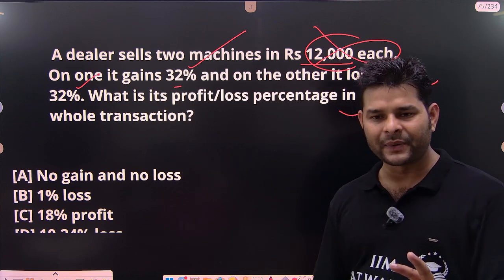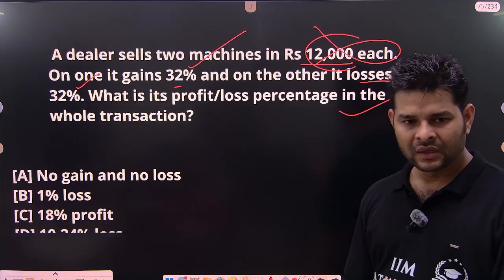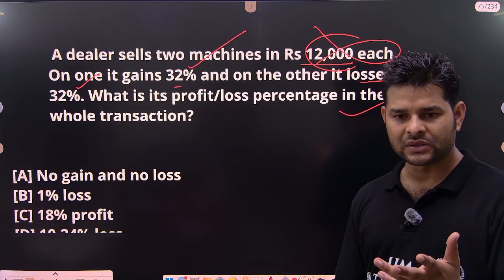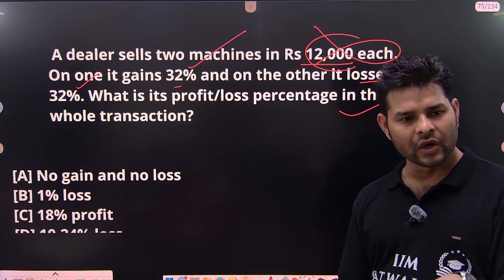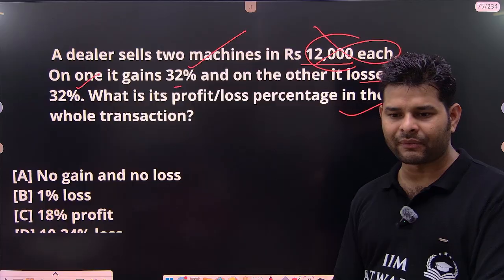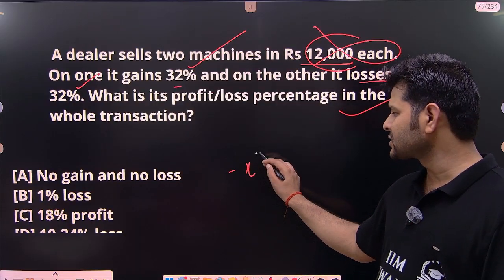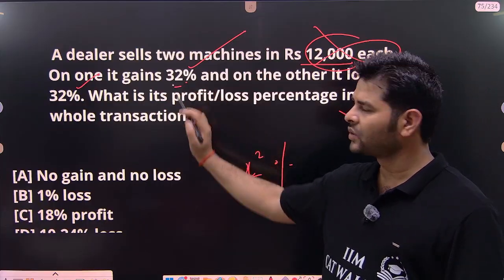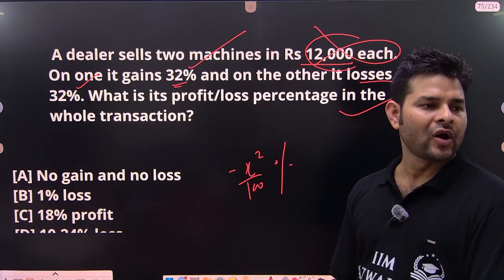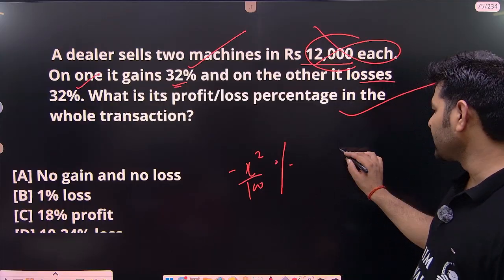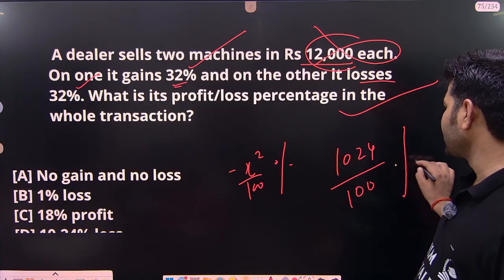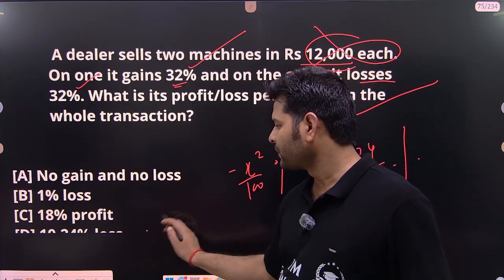So basically profit percent and loss percent is equal. So in that scenario, what would be the overall profit or loss? In that scenario the overall would be loss, and that loss can be found by minus x square upon 100%. So x means this value. So square of 32 would be 1024, and just divide by 100, you will get 10.24, the D option.